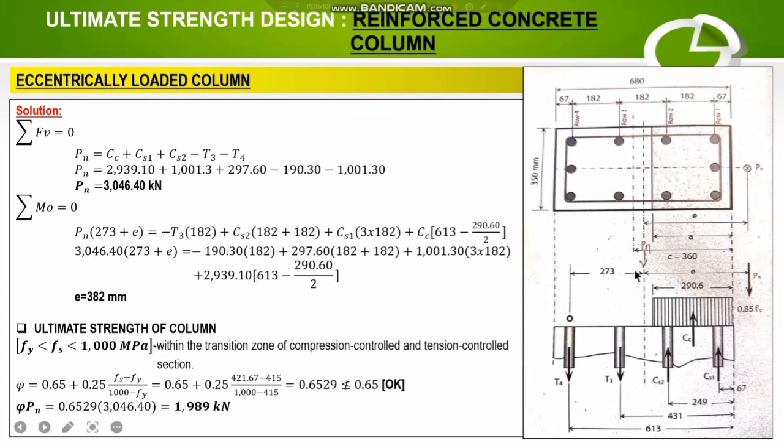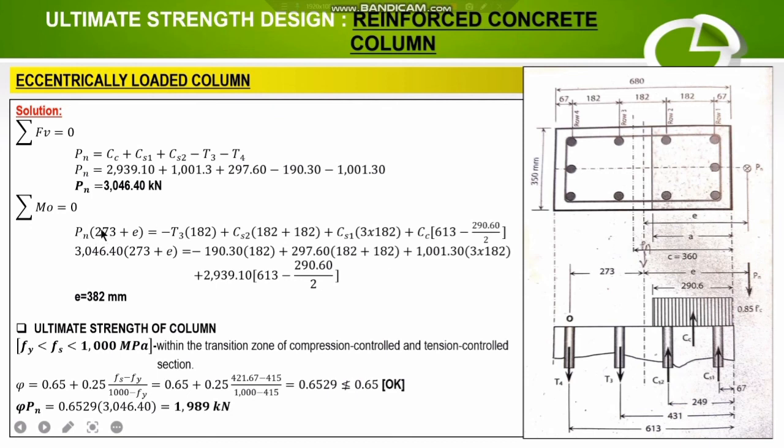Then to solve for the eccentricity, or the distance from the geometric center of the column section to the nominal load Pn, we will also use the equation of equilibrium through moment. So summation of moment at O is equal to 0. The moment arm of Pn is equal to 273 plus e.